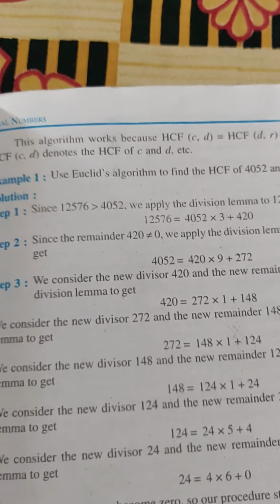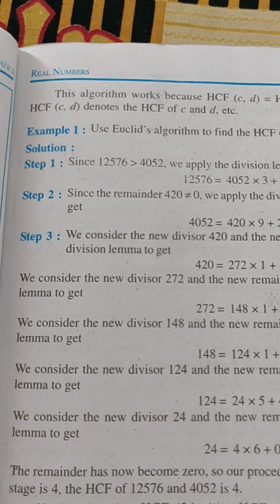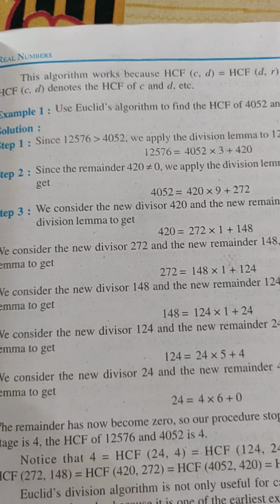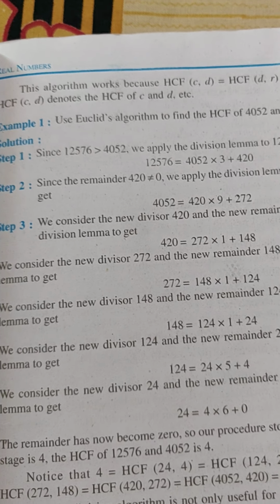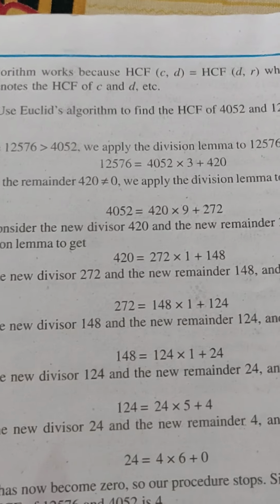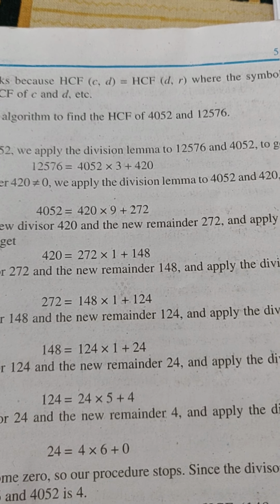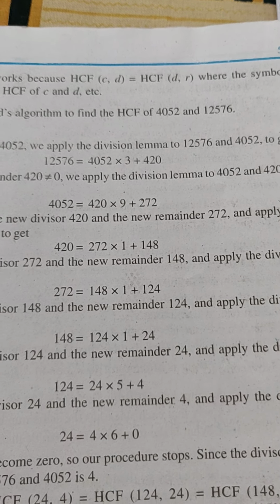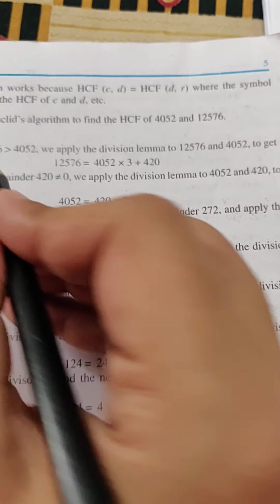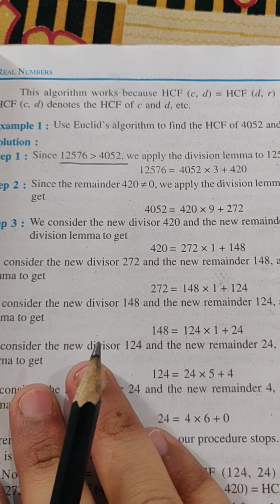So we are moving toward the first example of the NCERT, which says use Euclid's algorithm to find the HCF of 4052 and 12576. So clearly we know that 12576 is greater than 4052.